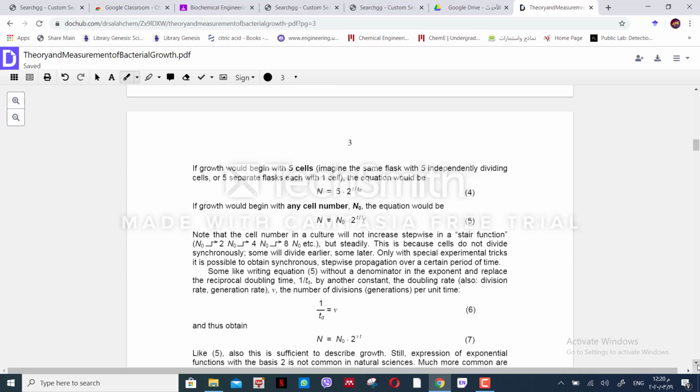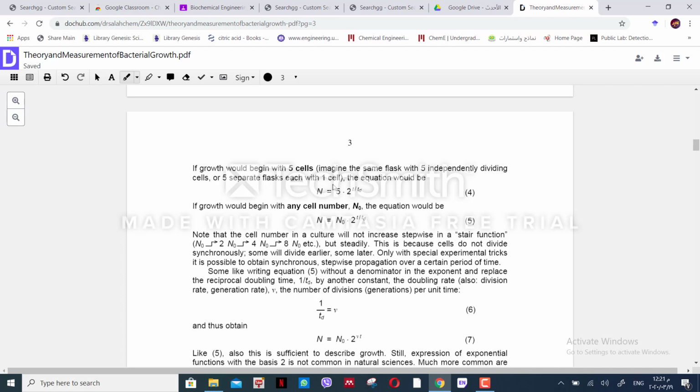If a growth begins with 5 cells, we are talking about 1 cell. But if a growth began with 5 cells, imagine in the same flask 5 individually dividing cells, or 5 separate flasks, each with 1 cell, the equation would be N equals 5 times 2 to the power t over td.